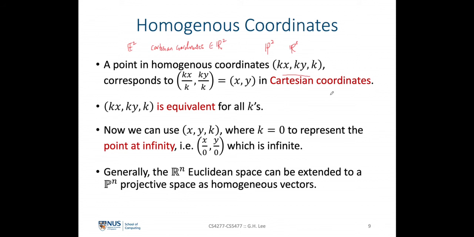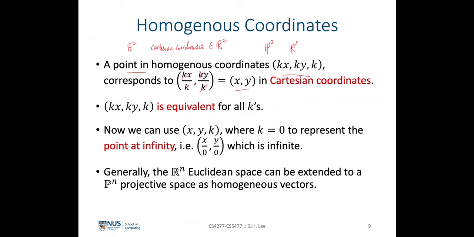A point in homogeneous coordinates can be represented using these three numbers, kx, ky, and k, which correspond to kx divided by k and ky divided by k, where k can be cancelled off to get x and y in the Cartesian coordinates.